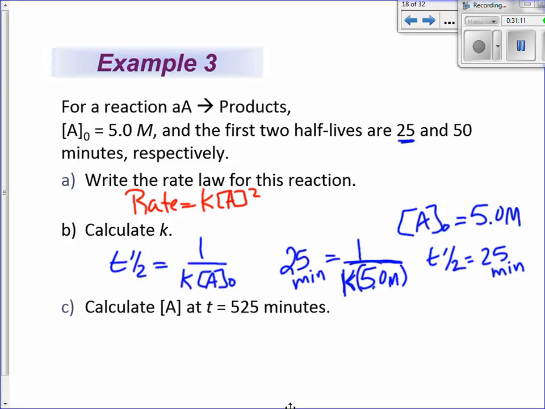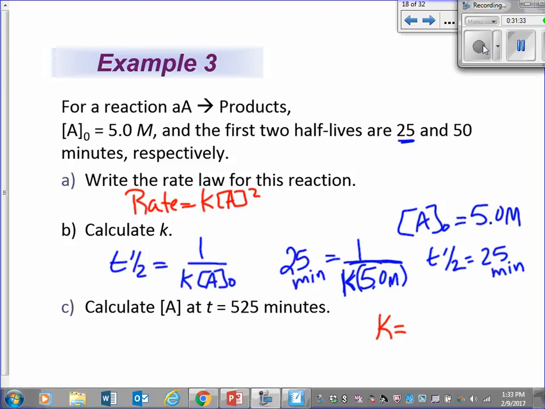So what do we get for K? What did you get? Does everybody know how to rearrange so that K is by itself? Because these ones are confusing because the variables are on the bottom.